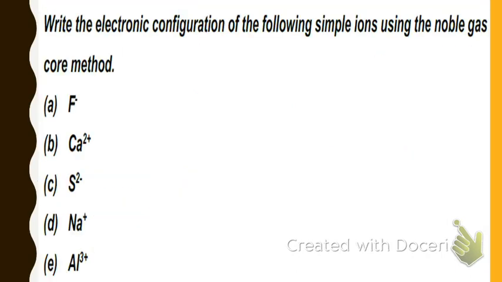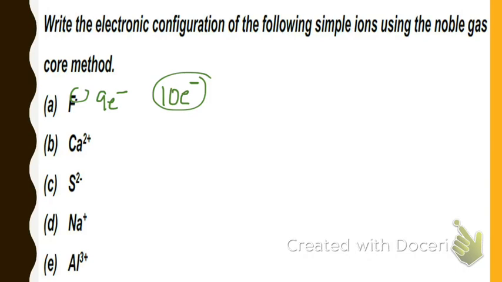All right, so write the electronic configuration for noble gas, okay? These are giving us some ions, so we're going to do two birds, one stone, so to speak. Fluorine normally has 9 electrons, but because of this negative, we're adding an extra electron. So we're going to do 10 electrons. The noble gas that comes before fluorine is helium.